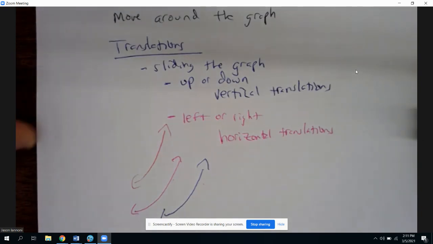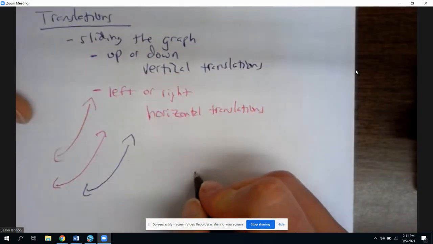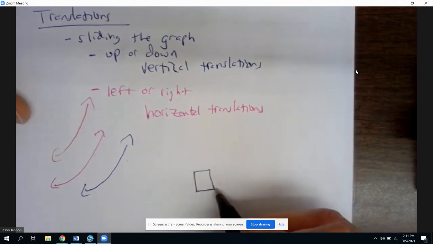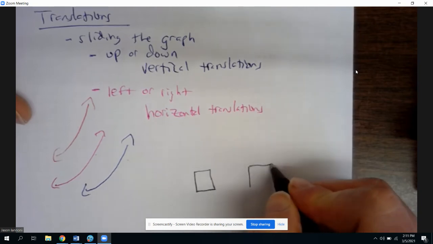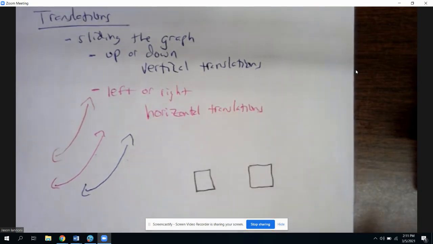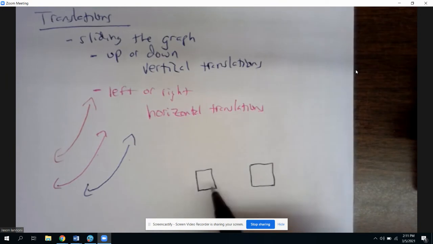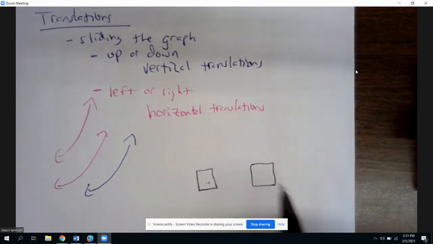Another way to think of a translation is if I had a box here and I just slid it over to the right. The same box, a little bit bigger, but imagine it was the same size. I just slid it to the right. Same size, same shape.